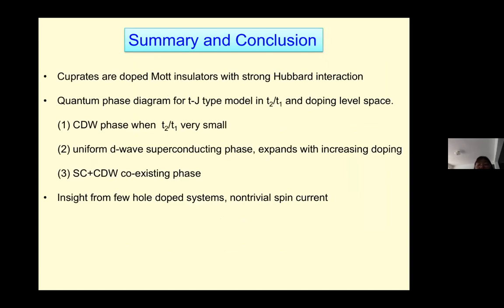But we do not understand the connection between that kind of spin currents and nonzero angular momentum and the pairing, which is something we want to explore in the near future. So I'll just stop here with this page about the summary. Thank you.